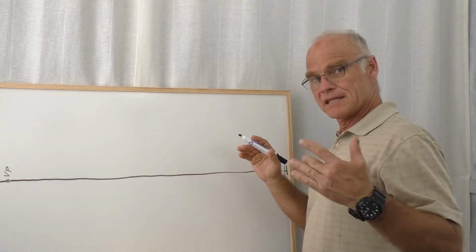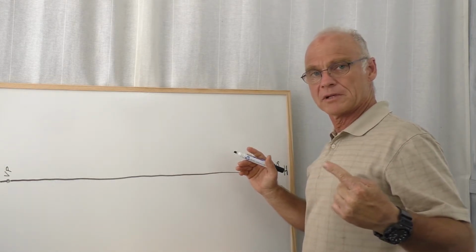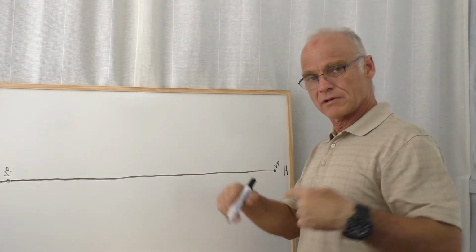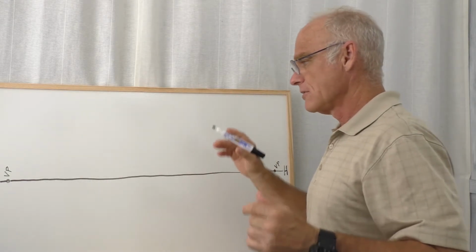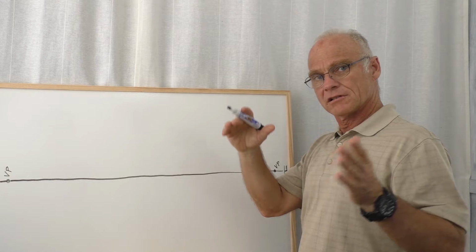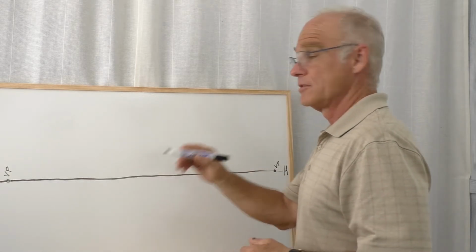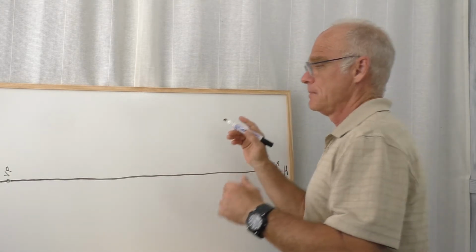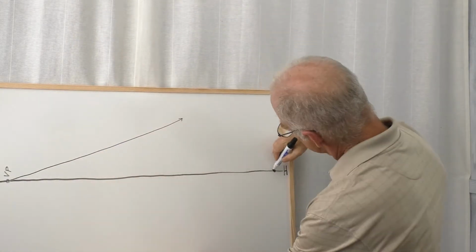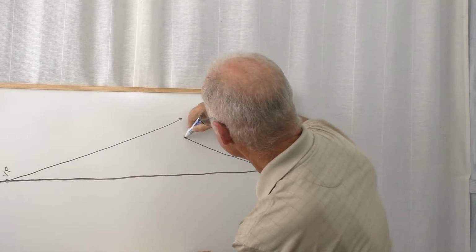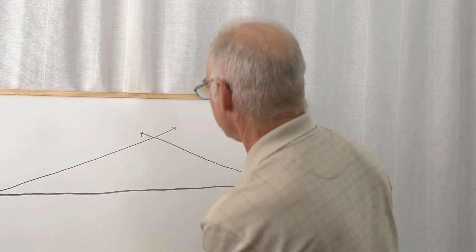Now, from these vanishing points, we have projection lines, which we can use to construct objects. Those lines will always converge on the vanishing points. So I'm going to draw 2 lines up above. Just like that.